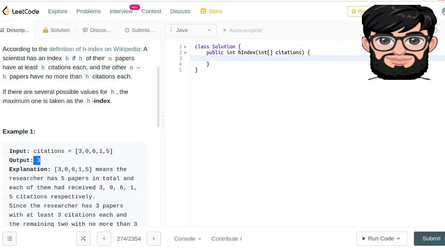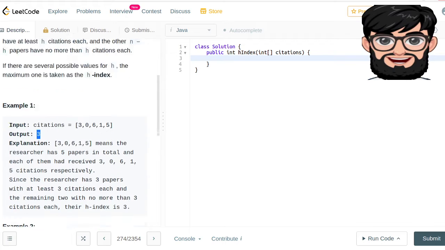His citation index is 3. The reason being, 3 is a number, so the answer could go from 0 to the total number of papers, right? 0 to 5. So 3 is the number because 3 of his papers got at least 3 citations and the rest are less than that. So that's the number we are looking for.